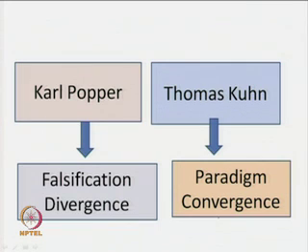and he says that science does not happen by convergence, but it happens by divergence. He says that there has to be a falsification. Your theory would have to be falsifiable in order to be deemed a science at all. Now, many find this a little paradoxical. If it is falsifiable, then how is it science?